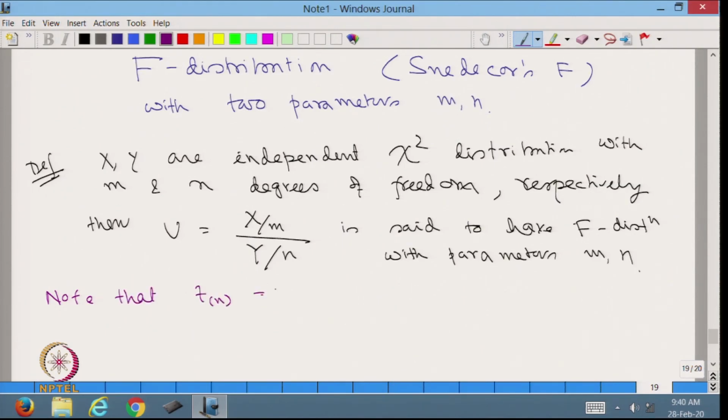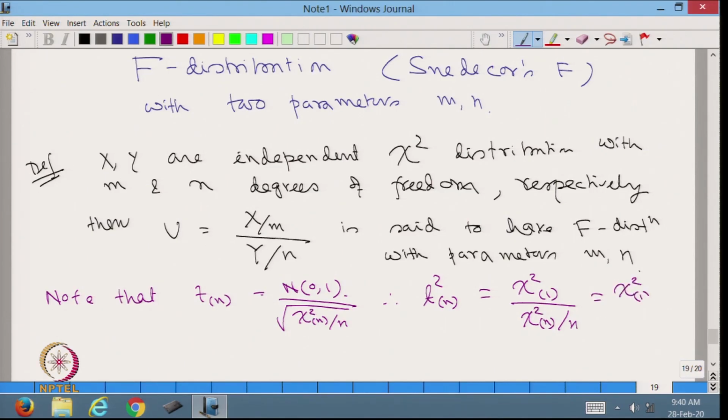Note that Tn is equal to normal 0,1 upon square root of chi-square n by n. Therefore, T square n is equal to chi-square 1, because we know normal 0,1 square is equal to chi-square 1, divided by chi-square n upon n, which is chi-square 1 by 1 divided by chi-square n by n.